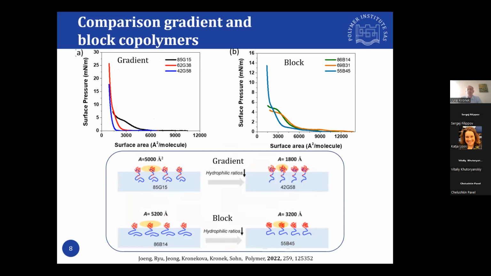We recently published a paper where we showed different behavior of block and gradient copolymers. You can see from the Langmuir-Blodgett relationship that gradient copolymers produce a monolayer with lower surface area and a higher surface pressure compared to block analogs.